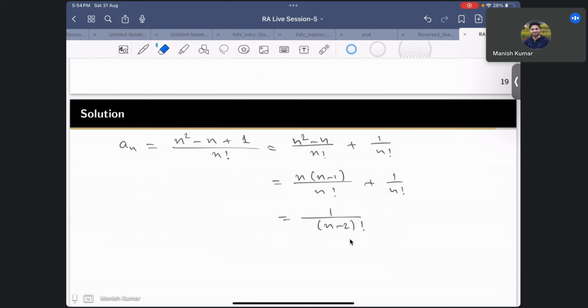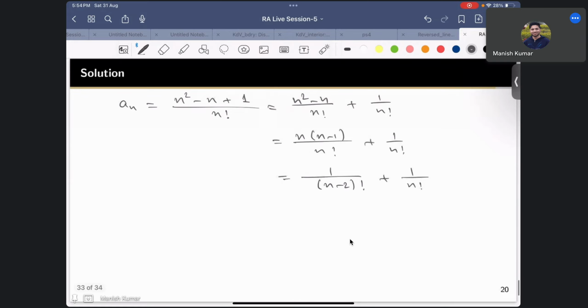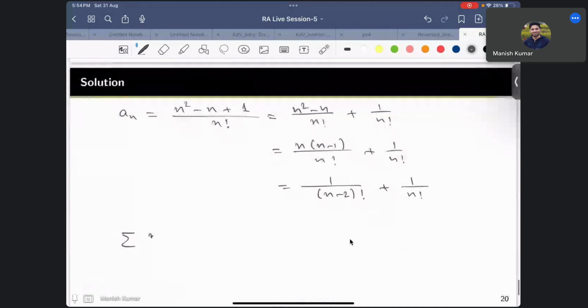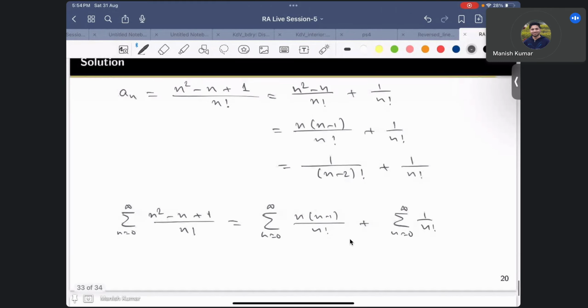So the summation of (n square minus n plus 1) by factorial n is the summation from n equal to 0 to infinity of n into (n minus 1) by factorial n, plus 1 by factorial n.